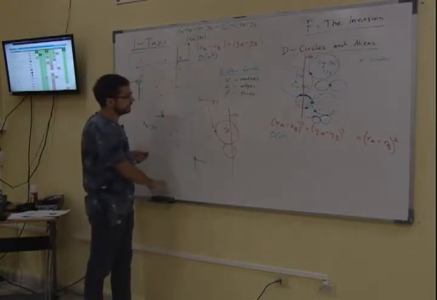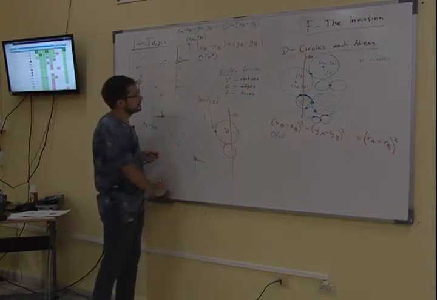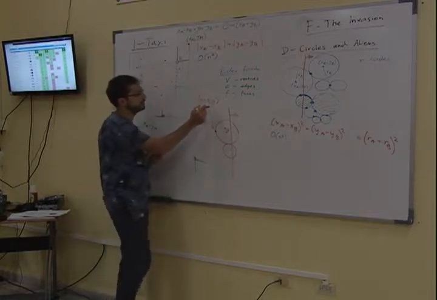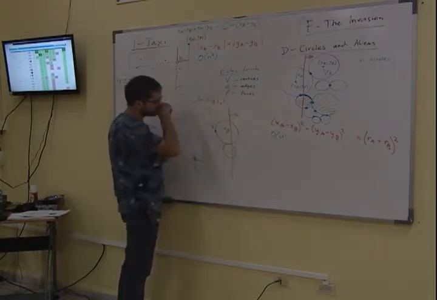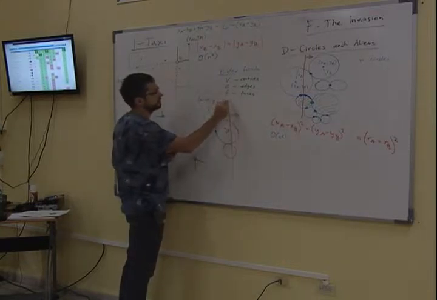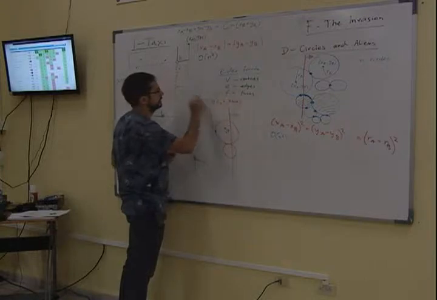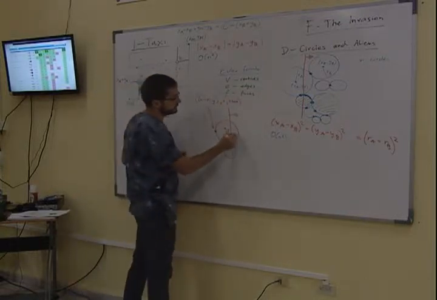So we can make an event with this point: I'm starting intersecting some circle, circle number i, and I start intersecting it. This will be the start event, and the end event is here.